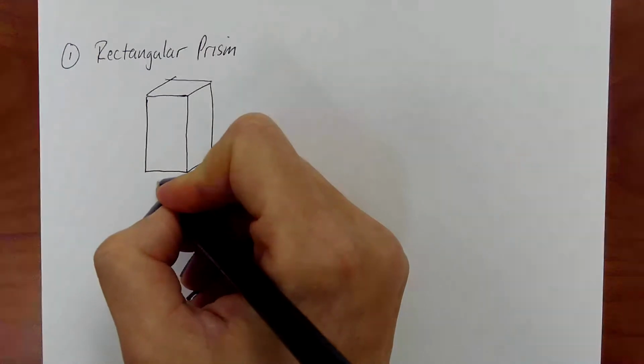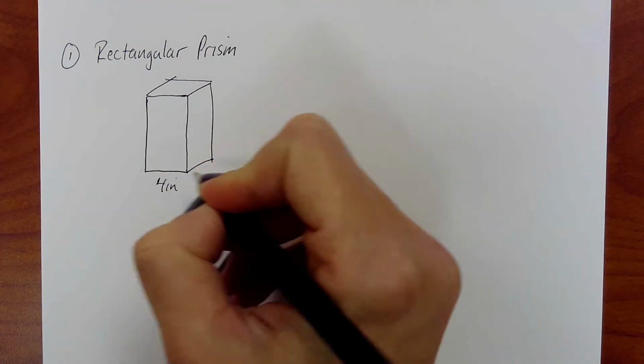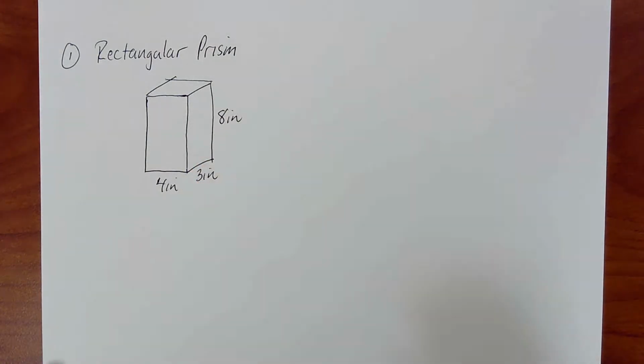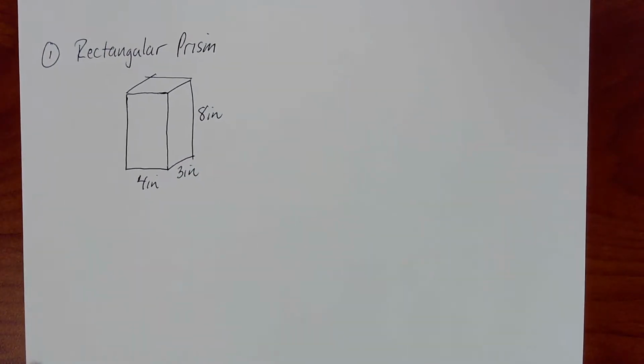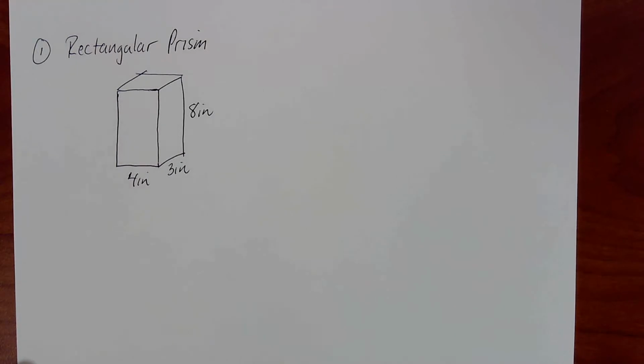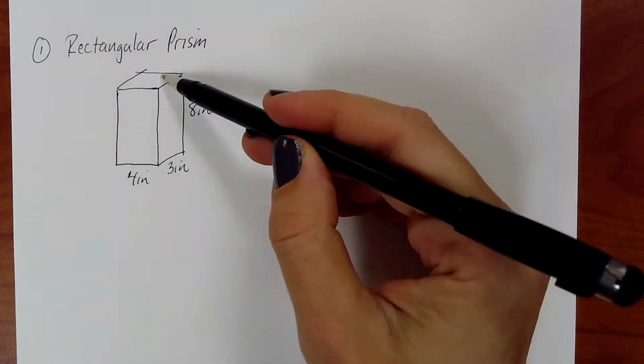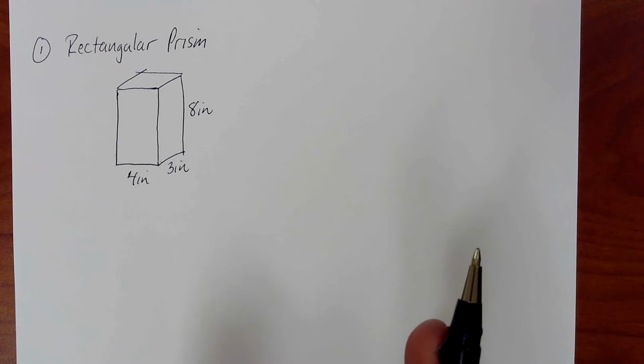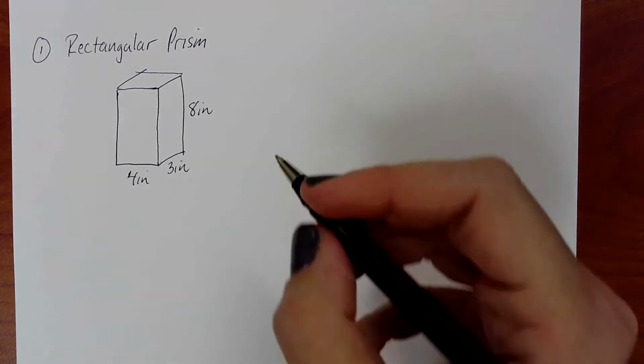And let's say it's 4 inches here, 3 inches, and 8 inches. Okay. So basically, it's a bunch of rectangles, right? So a rectangle is base times height. Now you can line up matching sides. So the top and bottom are the same exact size, right? The two sides are the same, and the front and back are the same.